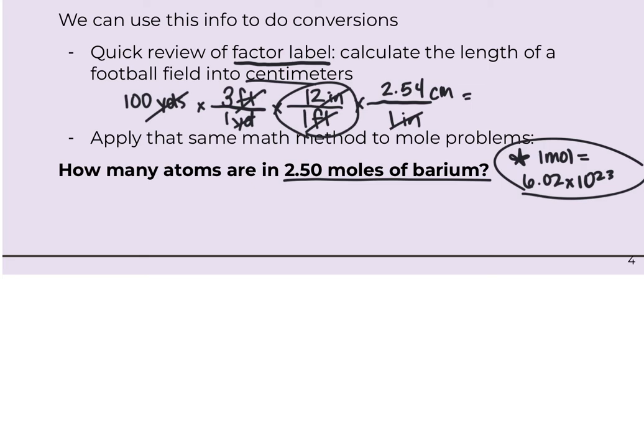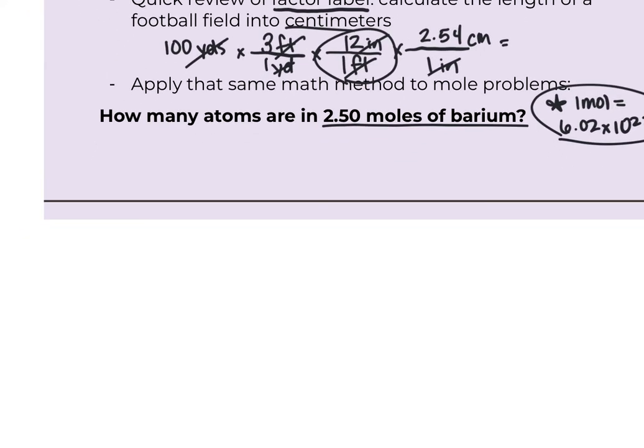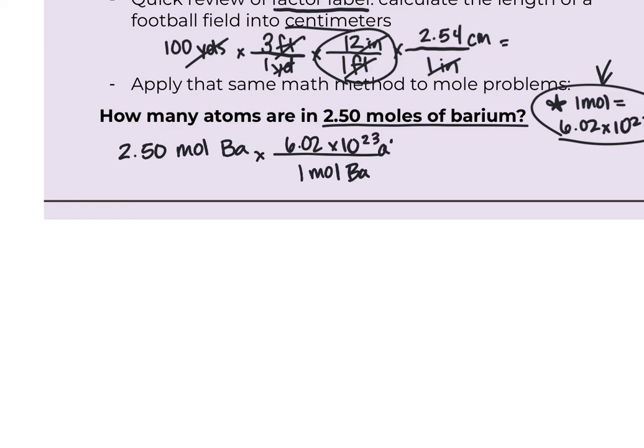What I'm going to be doing here and how I'm going to use that mole, that conversion factor, is by saying I have 2.50 moles of barium. And I know from this conversion factor here that 1 mole of barium is 6.02 times 10 to the 23rd atoms. Okay, I remember that if I look back at this last, which you can see here.